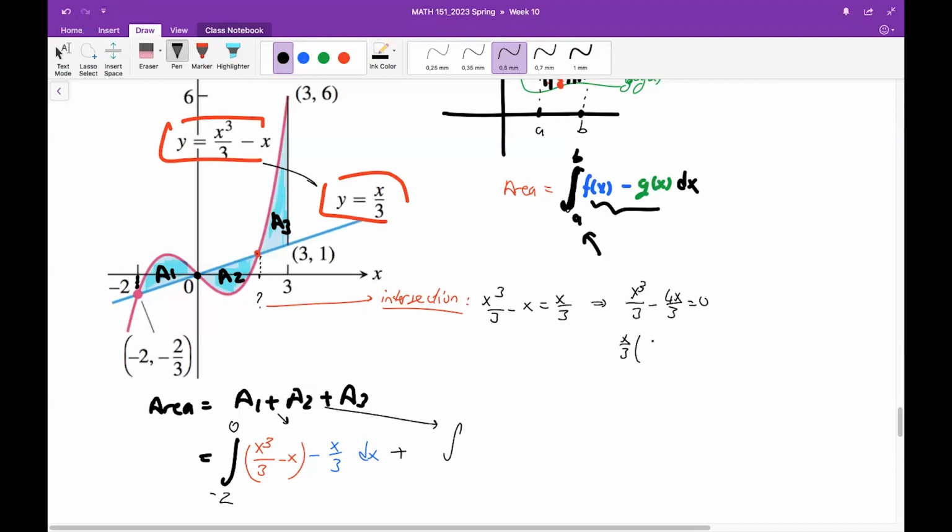So you can take x over 3 out. Sorry, this is not cube anymore, it is square now. Okay, and now I can see the roots. x is 0, x is 2 or minus 2. As we can see here, x is minus 2 is the first root, 0 is here, and the x value of this intersection point should be 2 then.